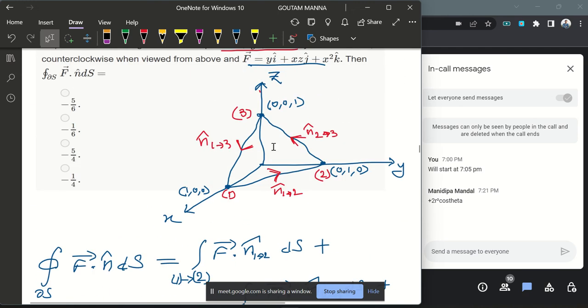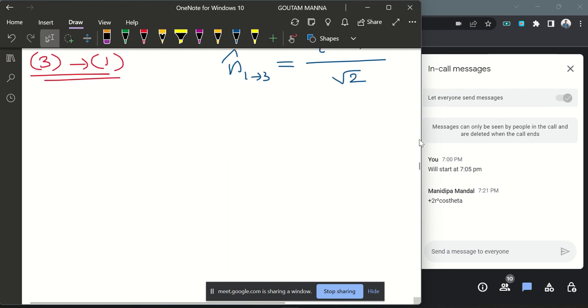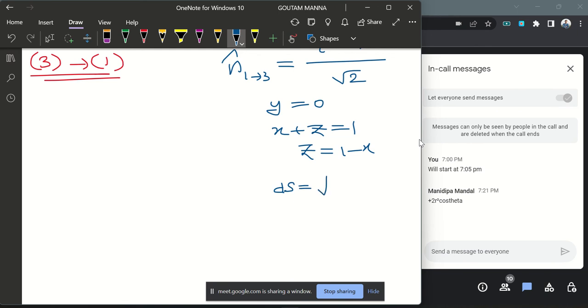And in this xz plane, y equals 0 for this path, and the equation of this line will be x plus z equals 1, or z equals 1 minus x. So then ds will be root under dx square plus dz square. If we replace dz, then dz equals minus dx, so dz square is dx square, and it will be dx square plus dx square, that is root 2 dx.